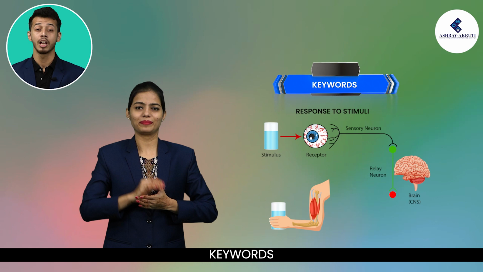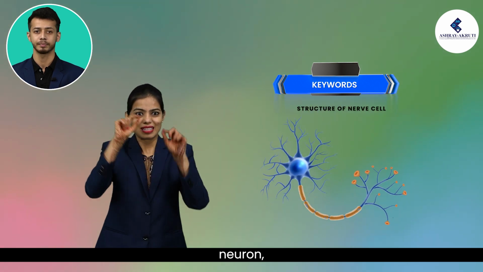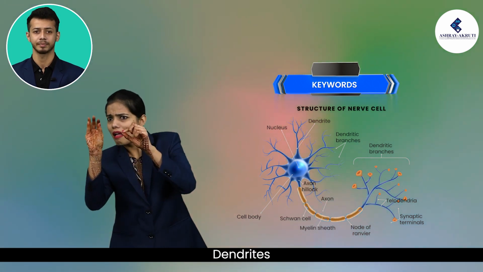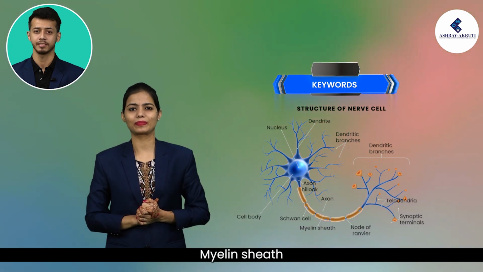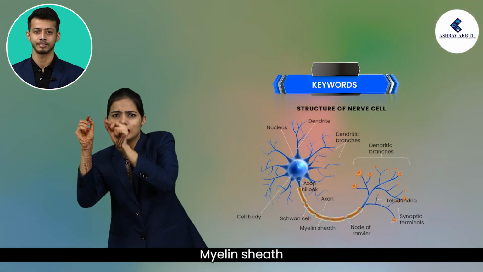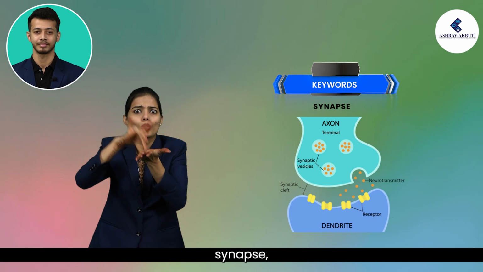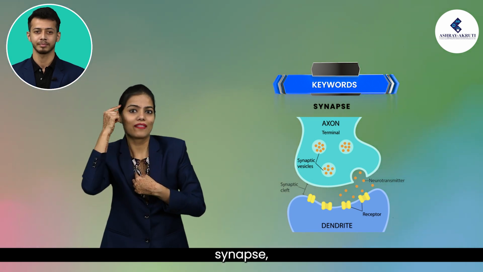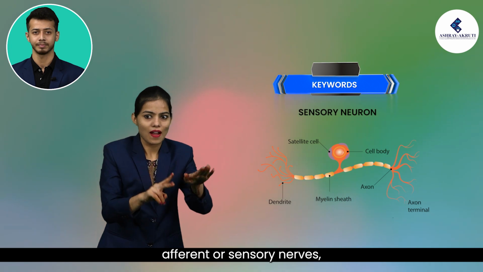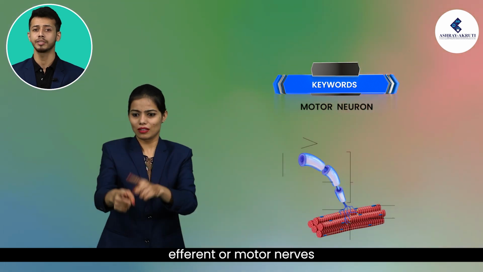Keywords: response, stimuli, neuron, axon, dendrites, myelin sheath, synapse, afferent or sensory nerves, efferent or motor nerves.